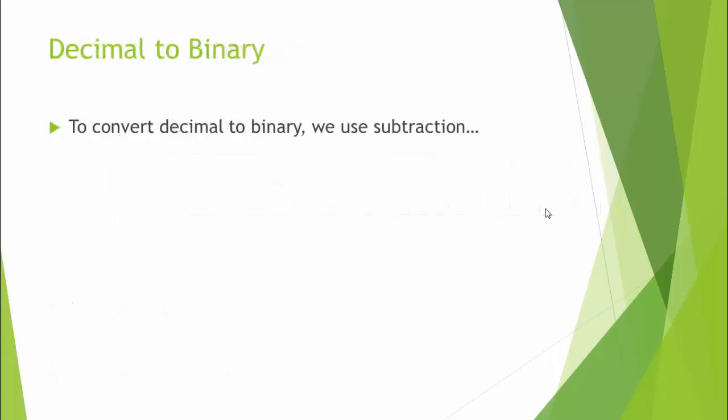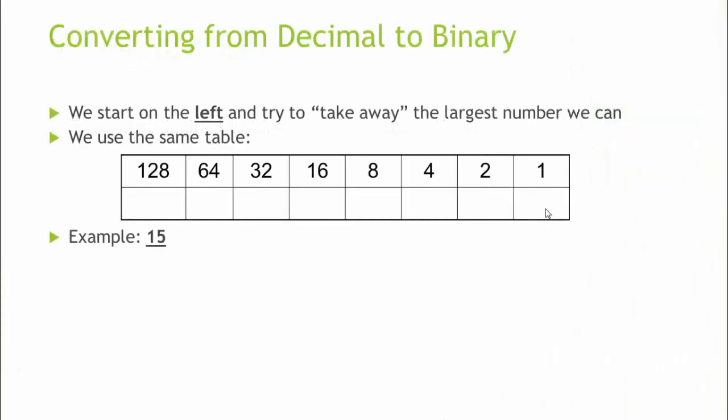All right, so now let's talk about decimal to binary. Whereas we used addition in converting binary to decimal, now we're going to use subtraction to convert decimal to binary. So we're still going to use this table. So hopefully you've got that ink table on your desk now, and you can go ahead and work with me on these things.